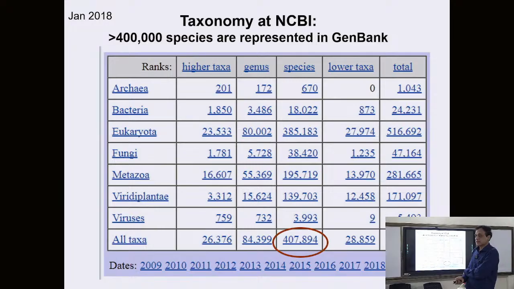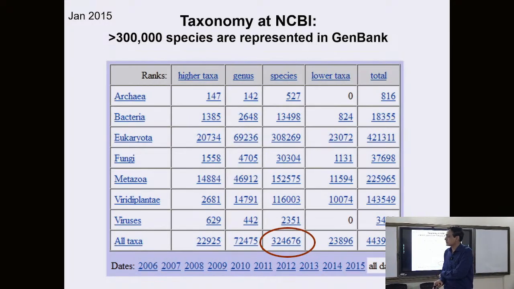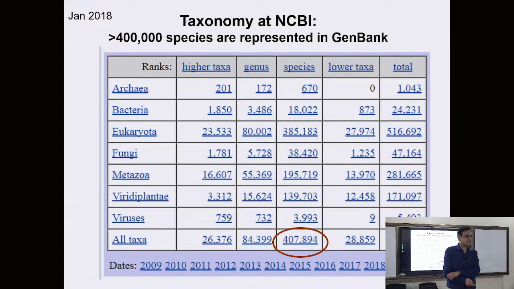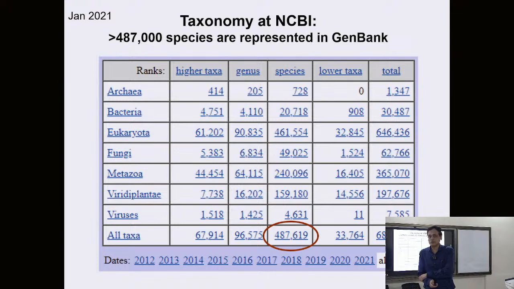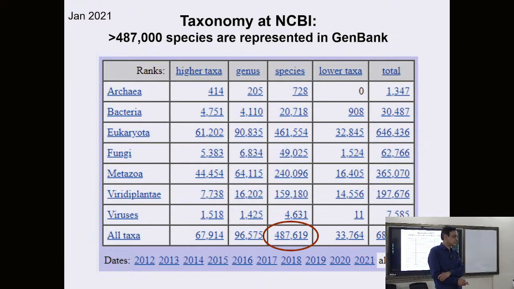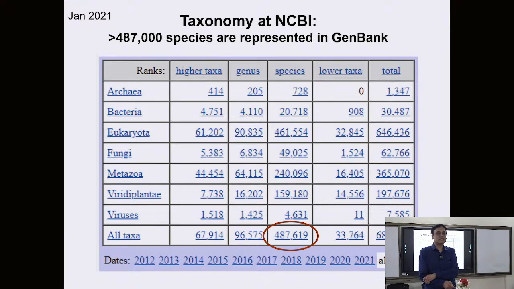In 2018, 407,000 species. So 80,000 new species got added. So every 3 years, as you can see, about 70 to 80,000 new species are identified, and their data are archived at NCBI taxonomy.